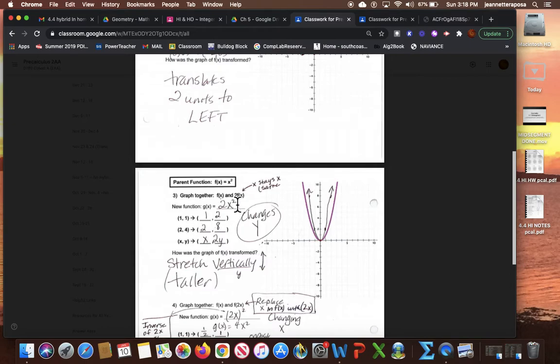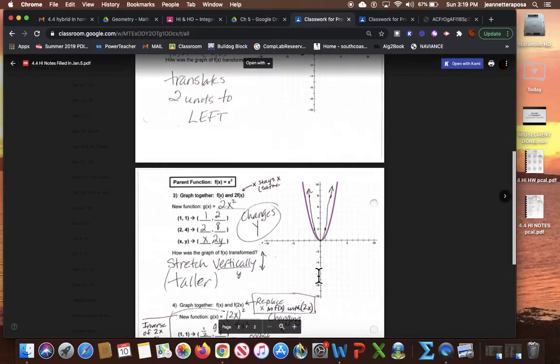Now it's going to give me 2 times 1 squared and 2 times 2 squared. 2 squared is 4, multiplied by 2, I get 8. So every (x, y) on the graph of y equals x squared is now (x, 2y) on the graph of 2f of x, y equals 2f of x.